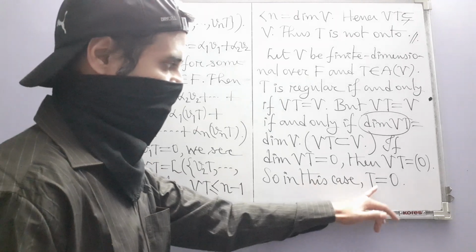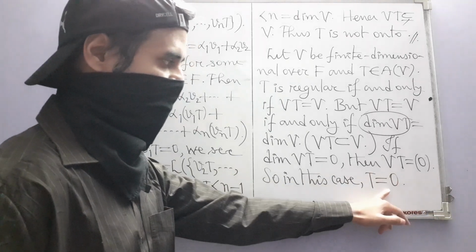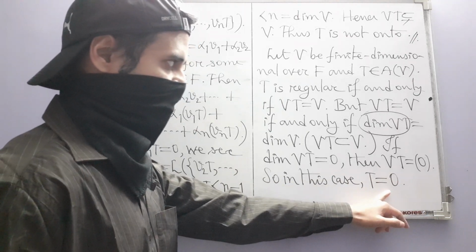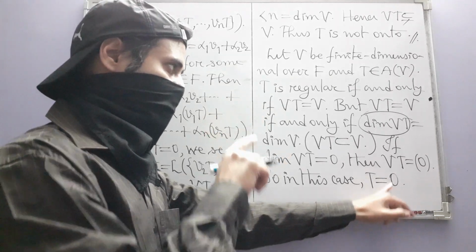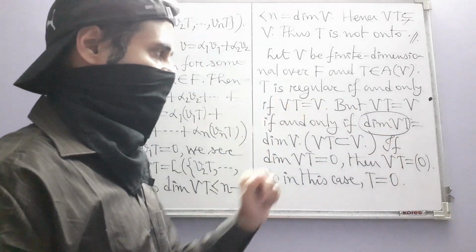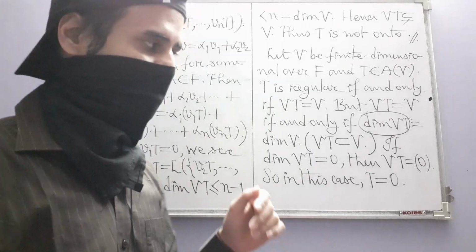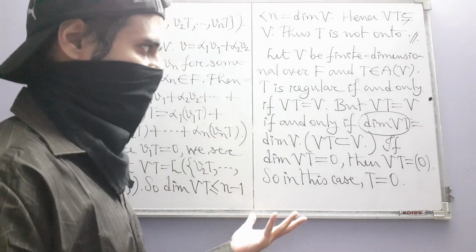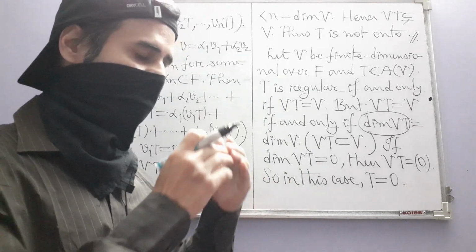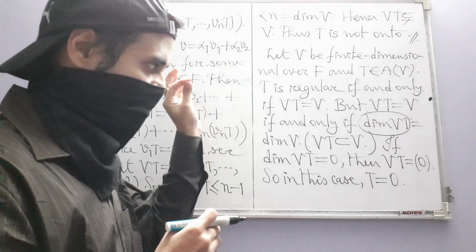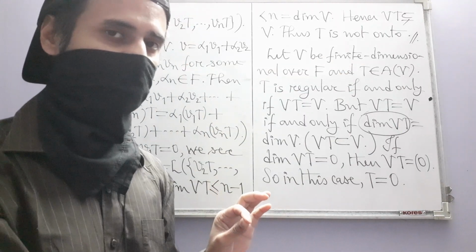It is singularly sending all the vectors onto 0. On the other extreme, in this case T is regular, and regularity also means that T only sends the 0 vector to 0.